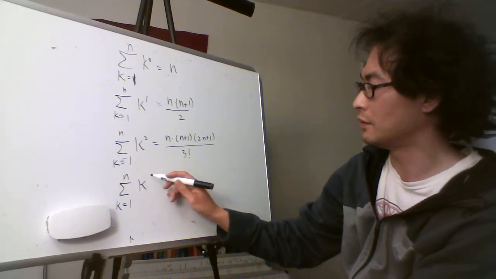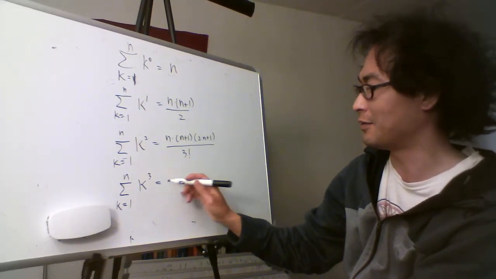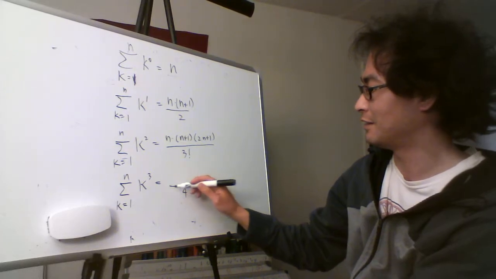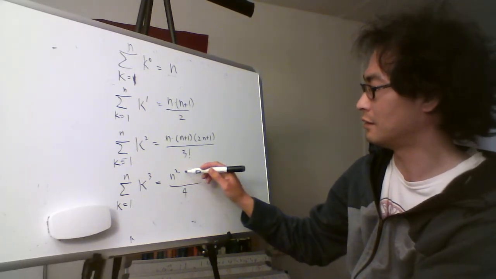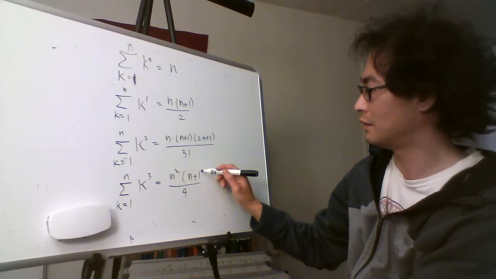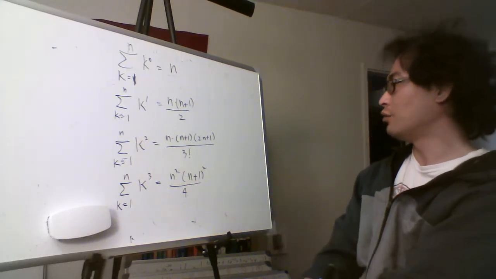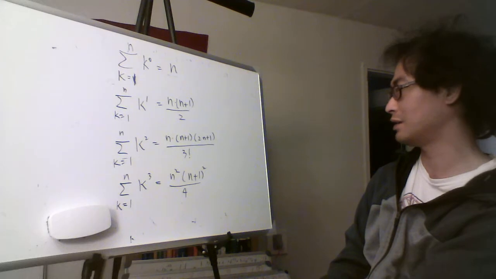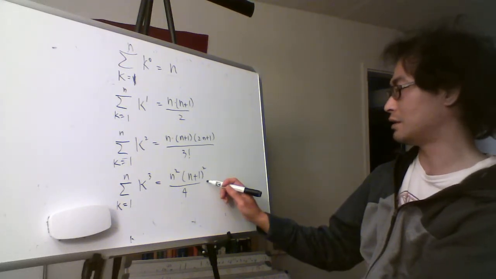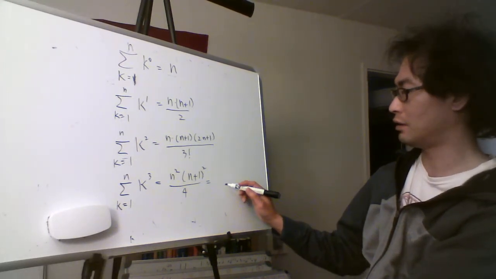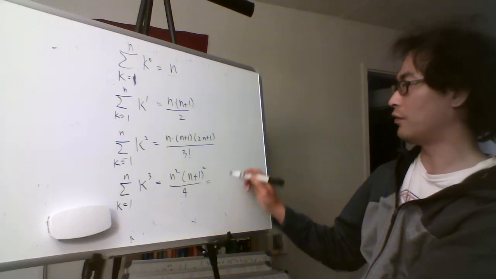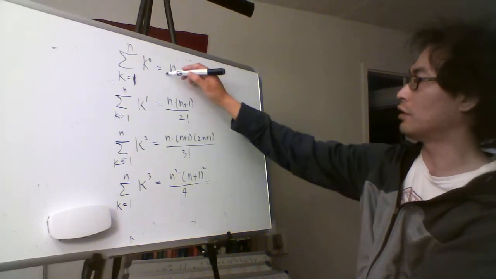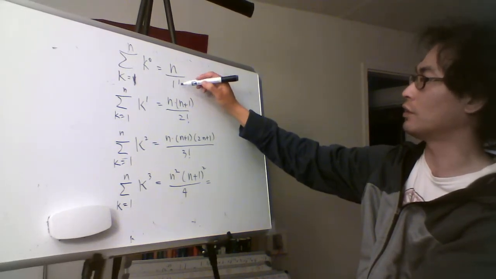It kind of looks like cheating, but we want to find some repeating pattern here. So what is this? Four is 2 factorial, and what do you have, 1 factorial here?